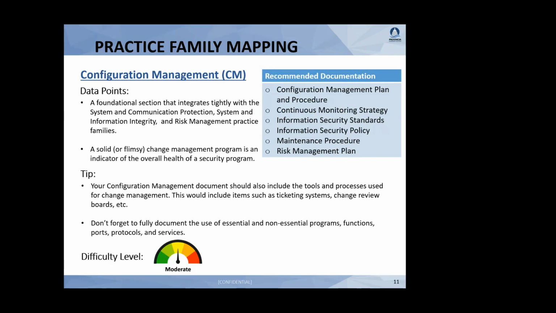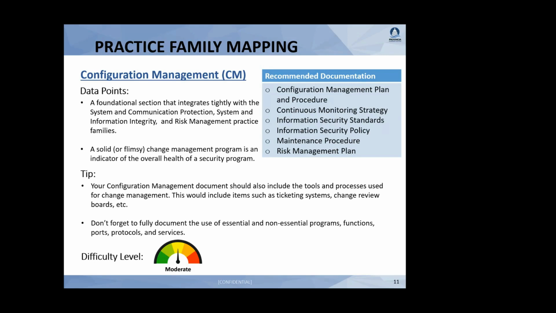What I mean by that is that if you're not keeping track of changes inside of your environment and it's not very well documented, you may be doing it, it may be ad hoc, but it's not documented, then that's going to mean that the rest of your program may be suspect, may not be in place, or may not be functioning the way that you think it's functioning.